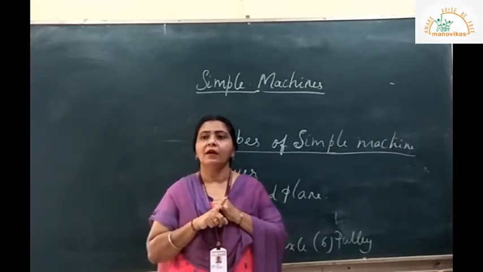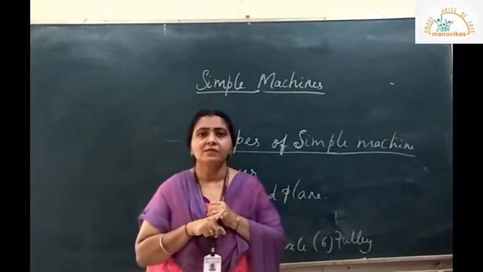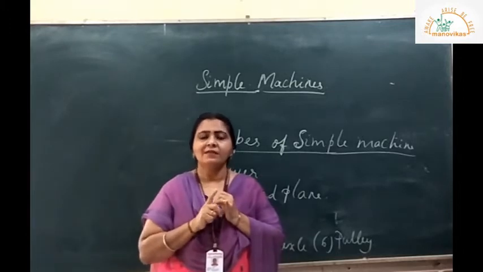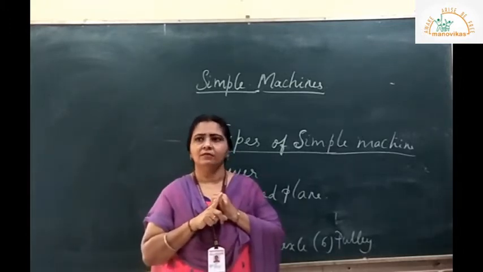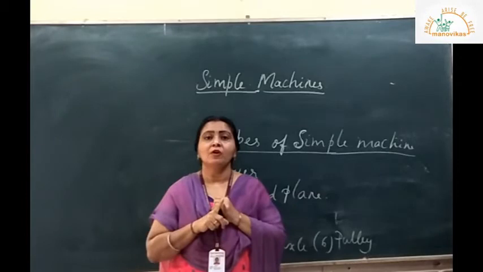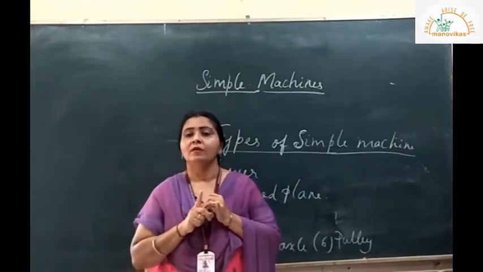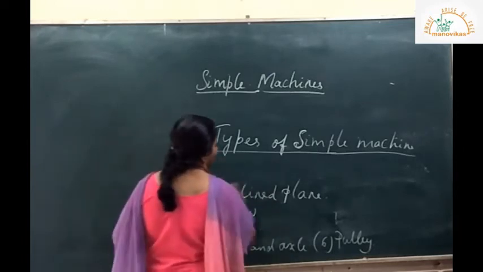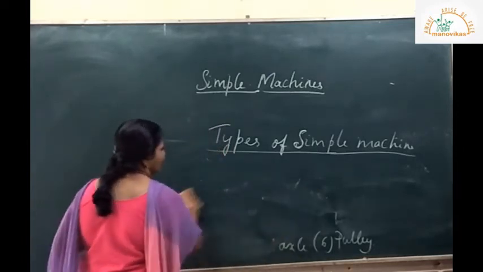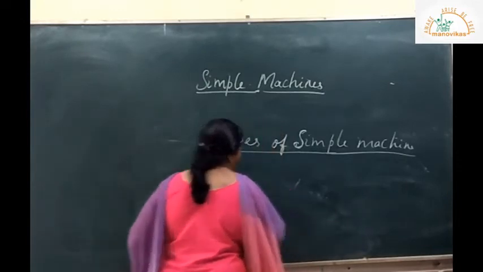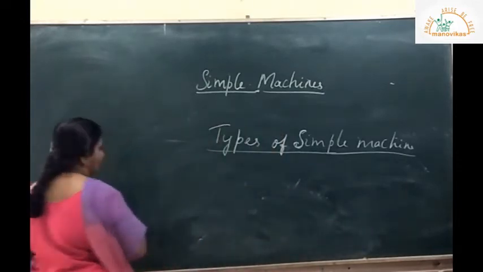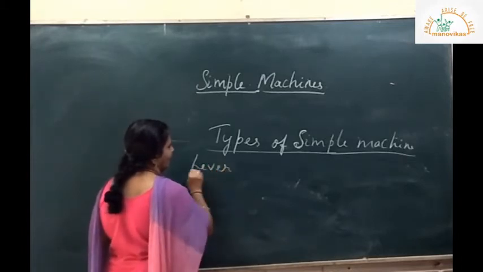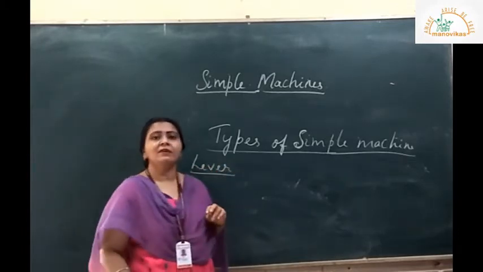So, today I am going to discuss the lever, and next class I will be discussing the remaining types of simple machines. Now let us see what a lever is.